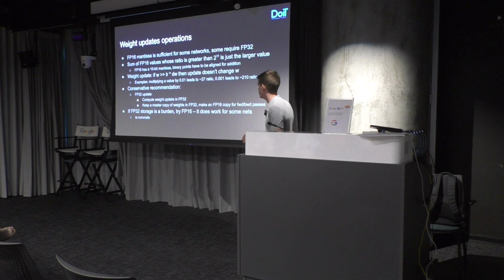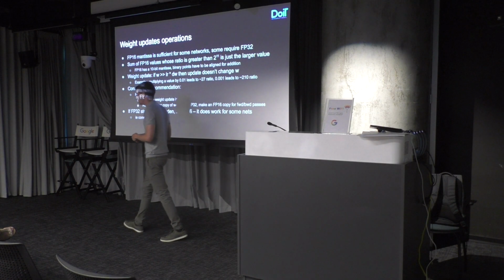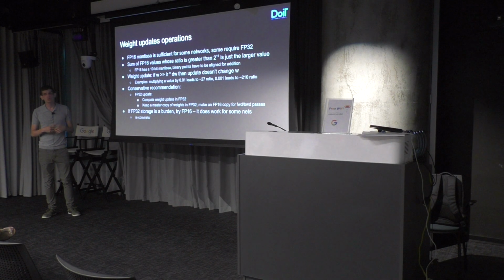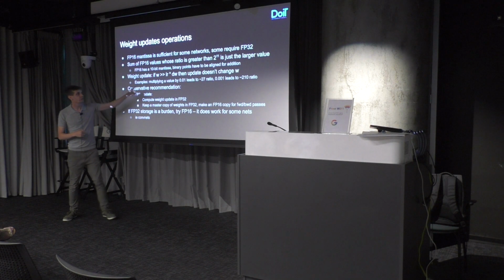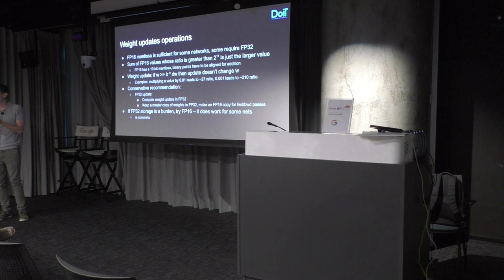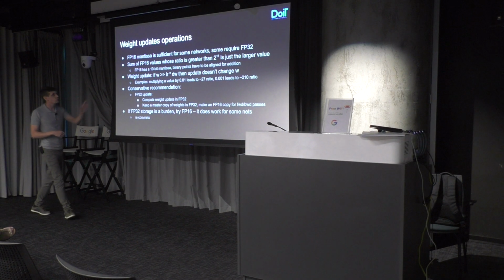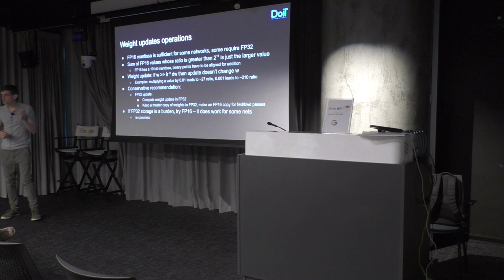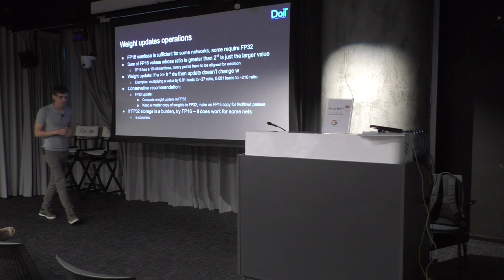What was necessary was to represent the gradients of the weights in floating point 32. And why is that? Usually, especially when we're talking about GANs, we use a low learning rate. So we multiply the gradient by a small number, like 10 to the minus 5. So we're shrinking the gradients that are supposed to be added to the weights.